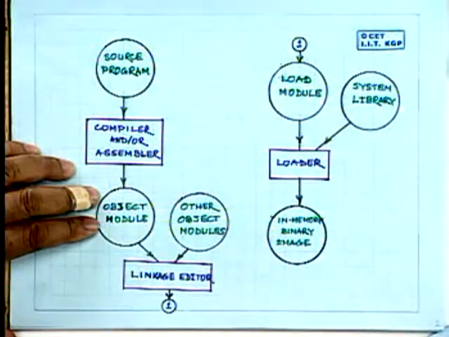memory for execution. But say after some time, for reasons of efficiency, that entire program is required to be shifted from one place of the memory to another place. In that case, the entire relocation has to be done, which is an extremely time consuming and complicated process.